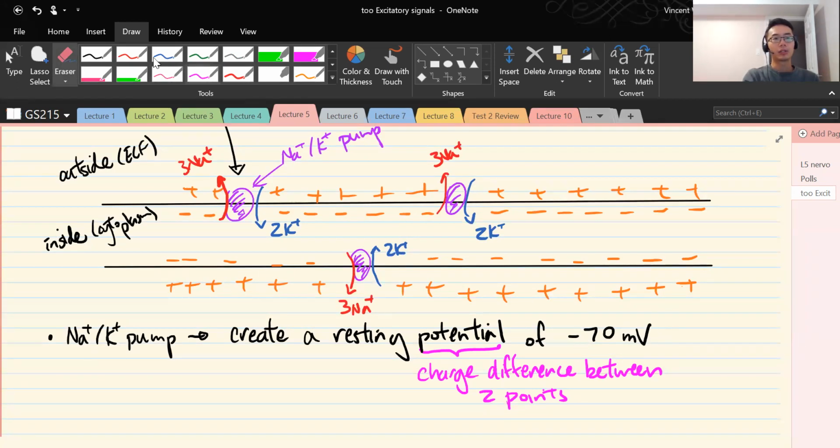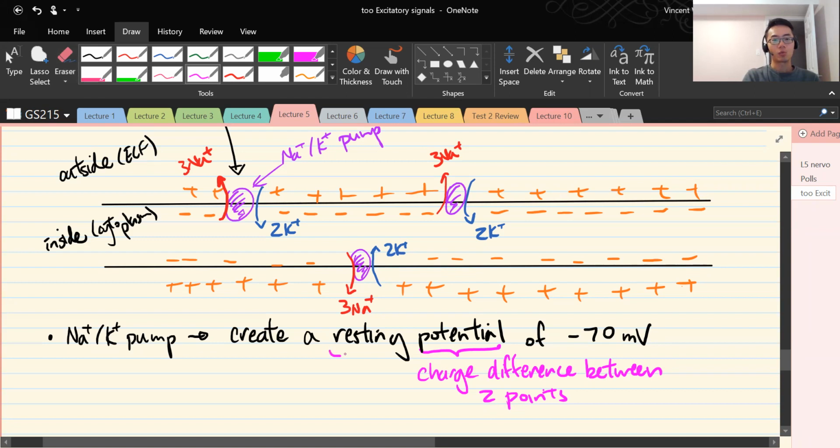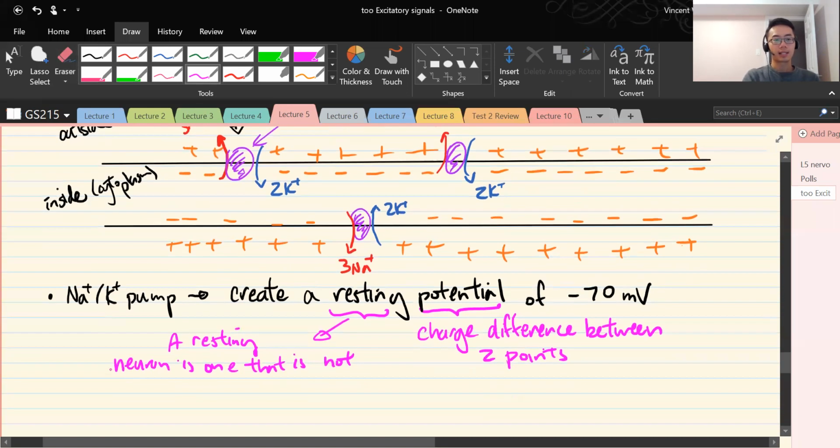Okay, another key word here that we have to decode is resting. Okay? When a neuron is resting, it means it is not transmitting a signal. Okay, so a resting neuron is one that is not transmitting a signal. Right? We have millions of neurons.